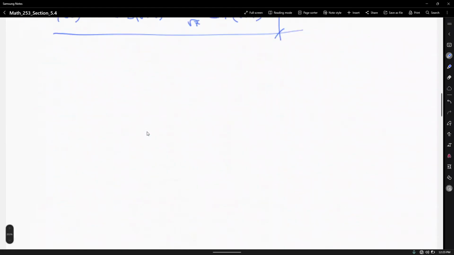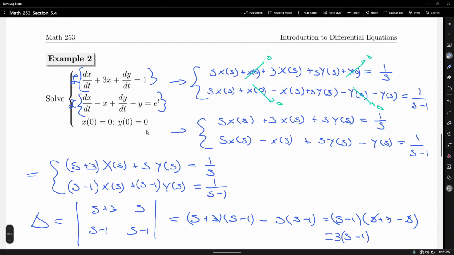Right here, for the second example, there could be situations in which the derivatives of x and y with respect to t may appear in both equations at the same time. That depends on the modeling of the situation you may be doing.